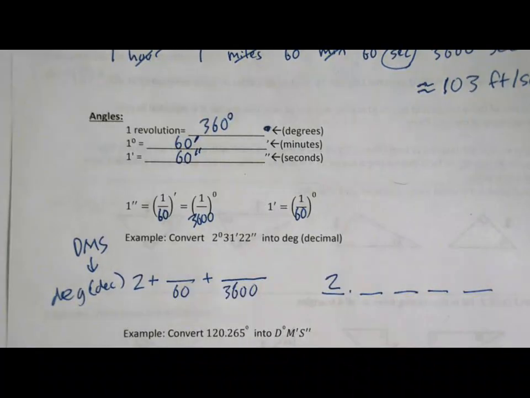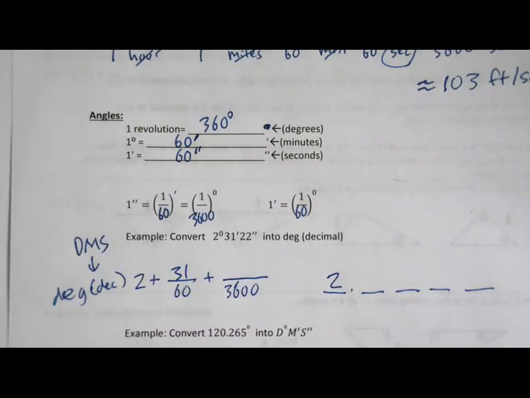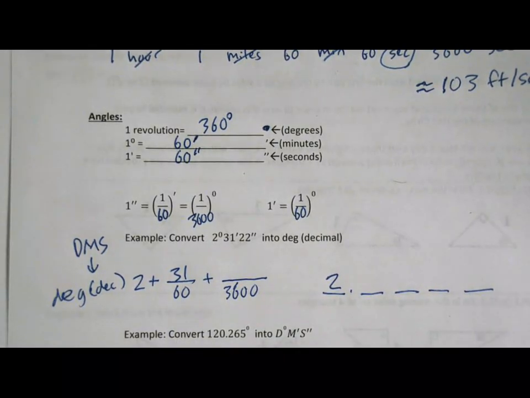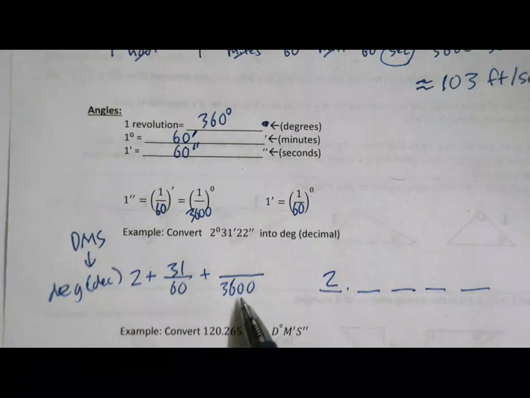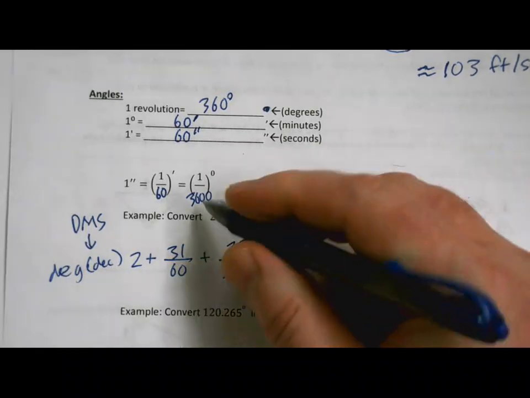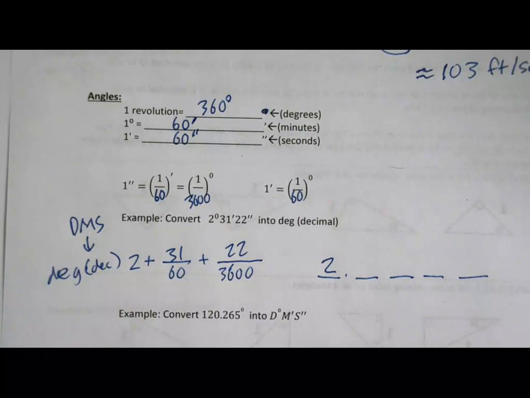What's going to go on top of my first fraction here? 31, because minutes are 1/60th of a degree. And what's going to go on top of my second fraction here? 22, because seconds are 1/3600ths of a degree. So go ahead and type that in, you'll get your answer. Let's round off to 4 decimal places here.